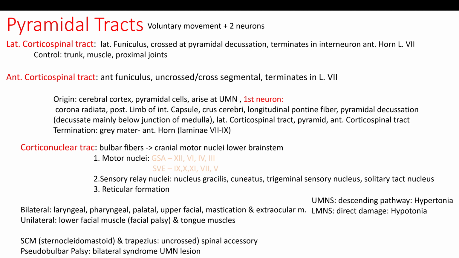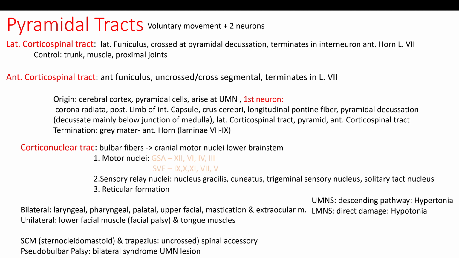Anterior corticospinal tract lies in the anterior funiculus, uncrossed or maybe even crossed at segmental level, terminates in the same lamina, includes fibers controlling the trunk and muscles of the proximal joints. So really the only difference is the indefinite crossing, because the lateral corticospinal tract crosses for sure at the pyramidal decussation.